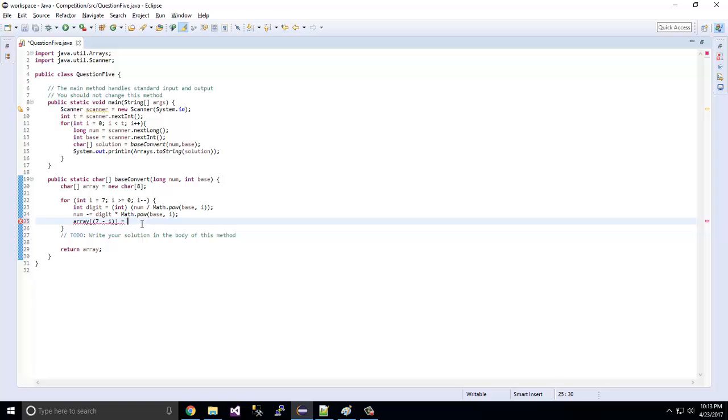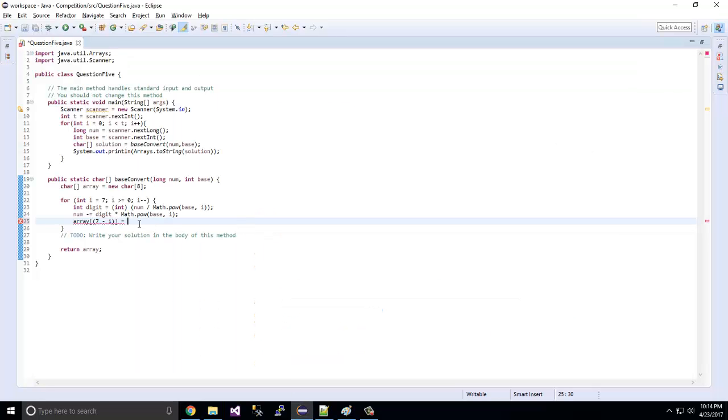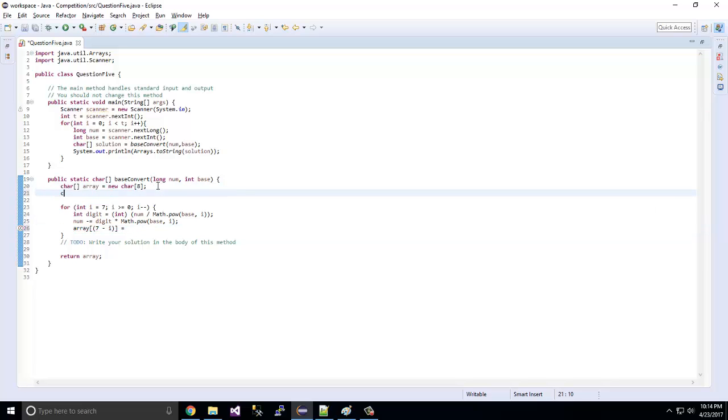And then finally, we need to actually get the symbols. So remember, we have some special symbols. We have some letters if we go up to base 16. And I believe base 16 is the maximum base that we are asking everyone to do. Yep. So we need to be able to get A through F for 10 through 15. The easiest way to do this is just have a char array that you index into. We'll call it symbols.